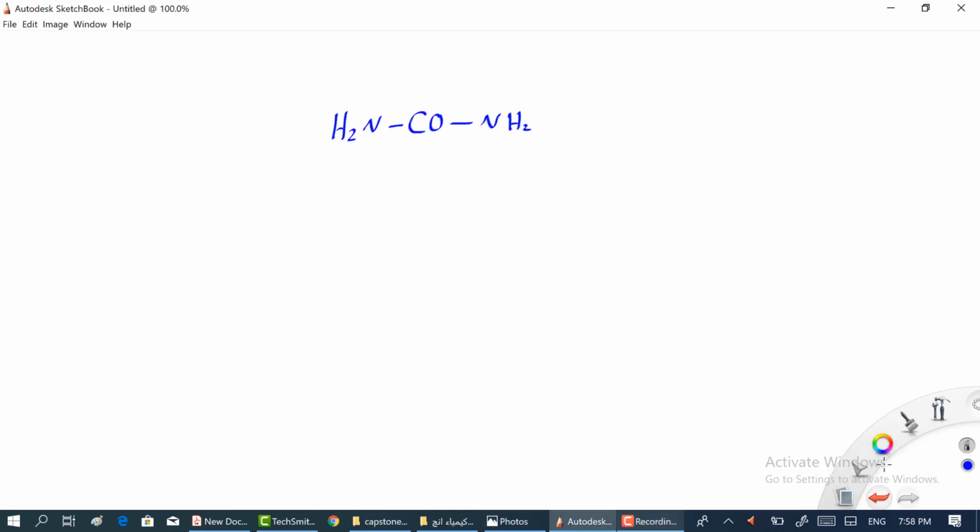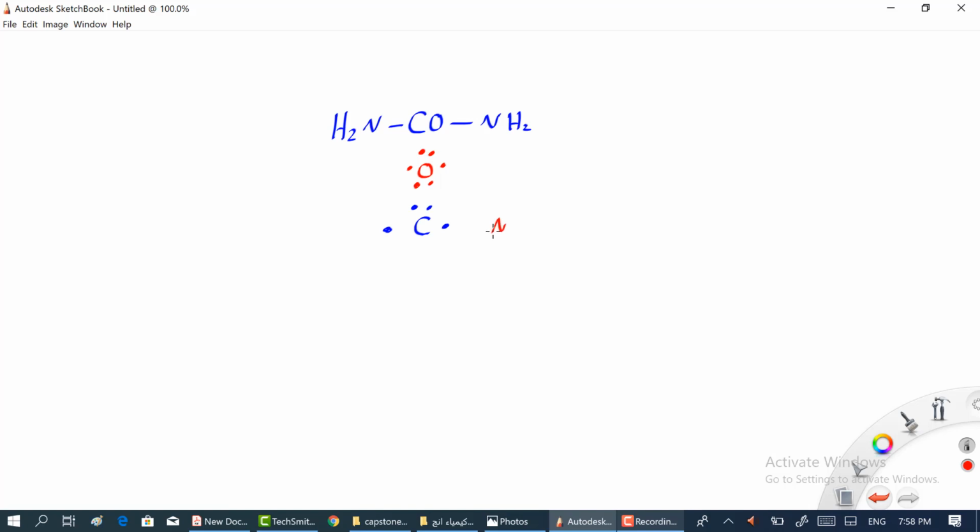If we change the molecular formula to the structural formula, in this case we will find the carbon has 1, 2, 3, 4 electrons. Then oxygen has 1, 2, 3, 4, 5, 6.